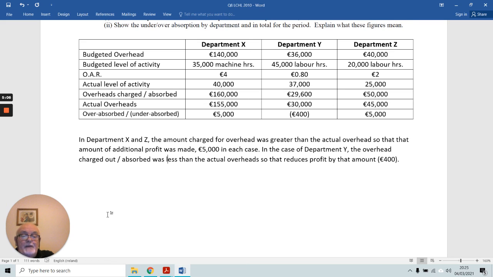Whereas the opposite happened in Department Y. The overhead charged out in Department Y was 29,600. They had absorbed 29,600, whereas the overheads were actually 30,000. So we've failed to recover 400, and that reduces our profit by that 400. But overall, we were 9,600 ahead.